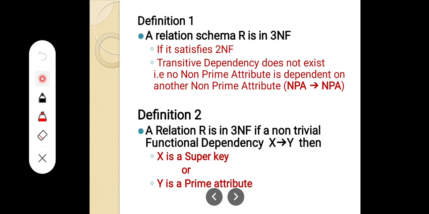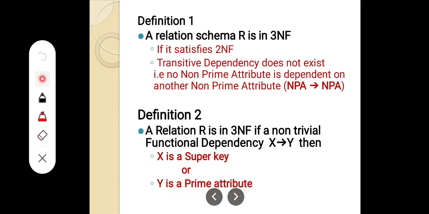We can check this condition, or we can also check that condition. That is, in a non-trivial functional dependency X determines Y, the LHS must be a super key or a candidate key, or the RHS must be a prime attribute.